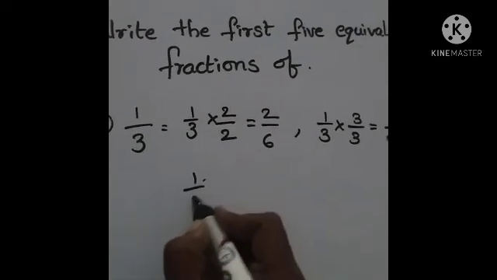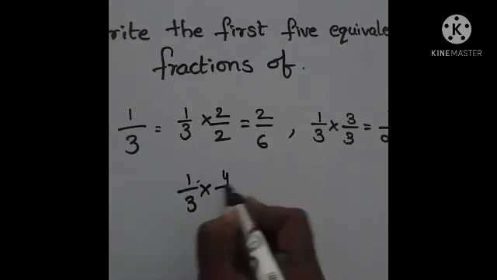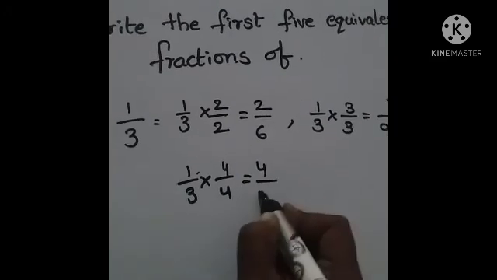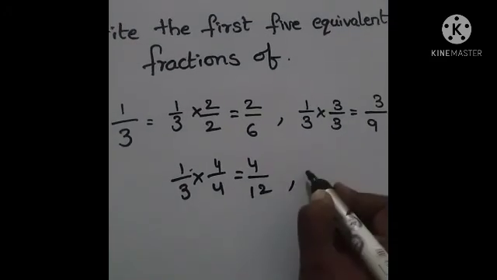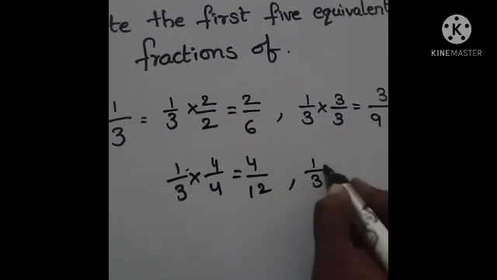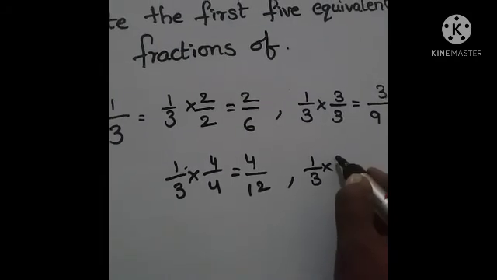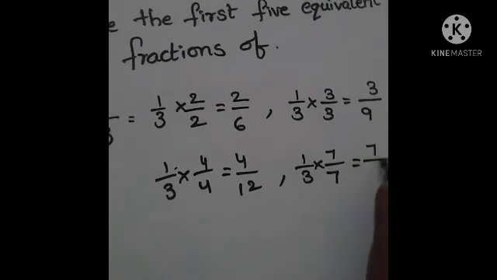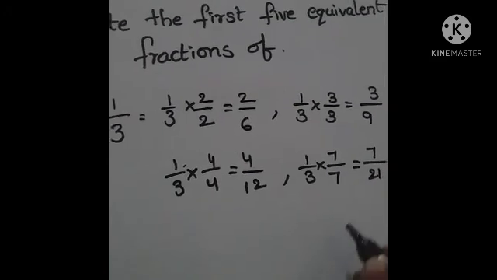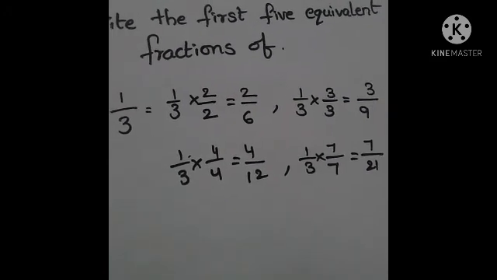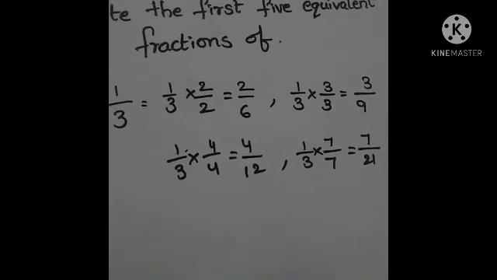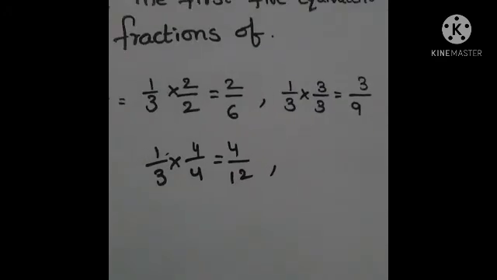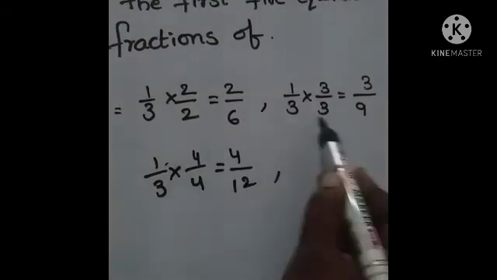Next, 1 by 3 into 4 by 4: 1 4 is 4, 3 4s are 12. Now, what fraction do we have to take? The same number. Now 7: 1 7 is 7, 3 7s are 21. They are asking for the first 5, no? So that's why we take 2, 3, 4.